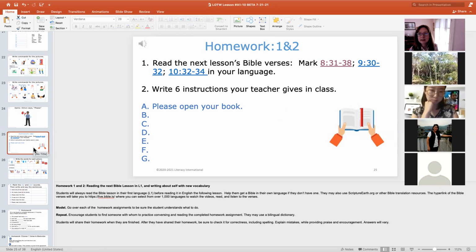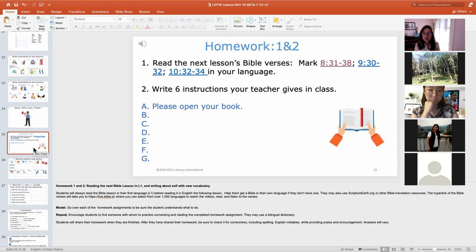And it's really important that your students do the homework outside of class. If they do not do their homework, they will not be prepared for the next lesson. And so you need to really encourage them to do their homework.